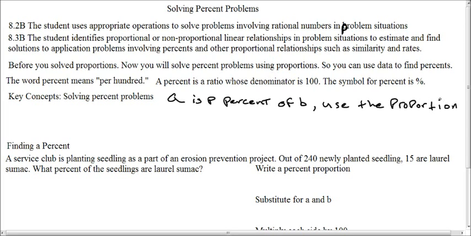The proportion we want to use is A to B as P is to 100.